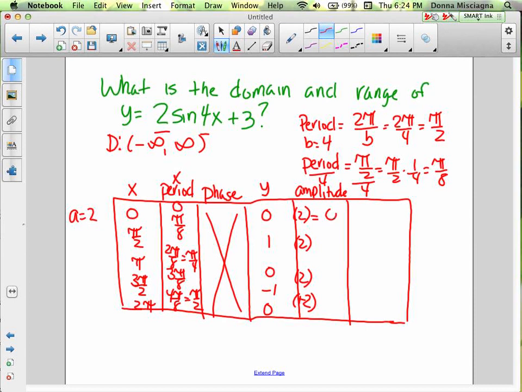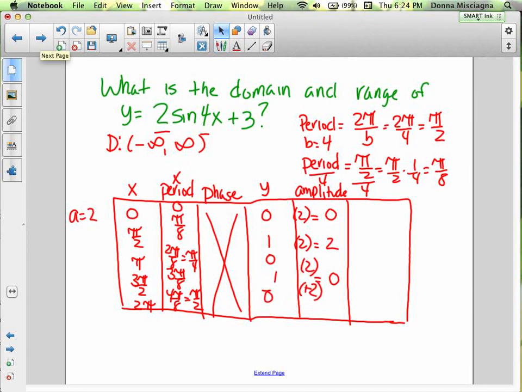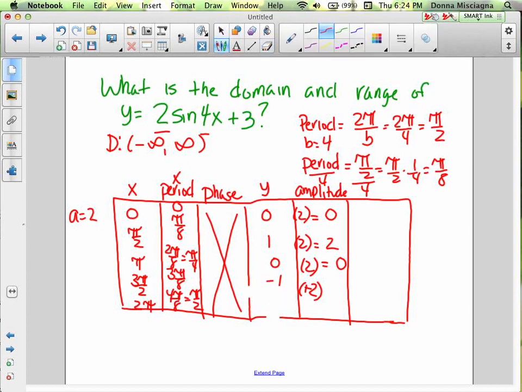So that's going to be 0 times 2, 1 times 2, 0 times 2, negative 1 times 2, and 0 times 2.